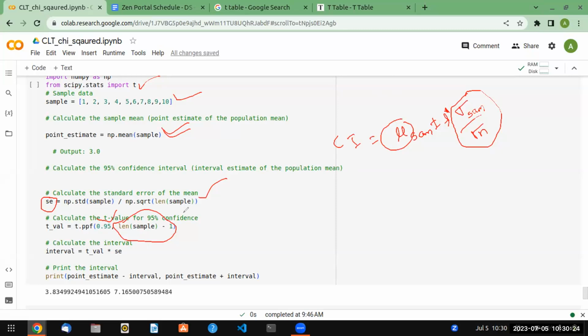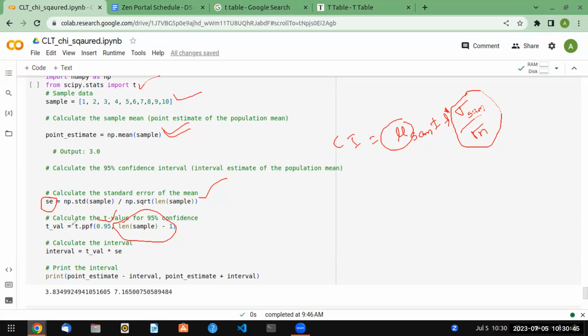We'll go to this t.ppf documentation, because I don't want to erase this part or I will have to write it again. But as of now, you understand the first parameter is the percentage, your surety percentage. The second parameter is the degree of freedom.